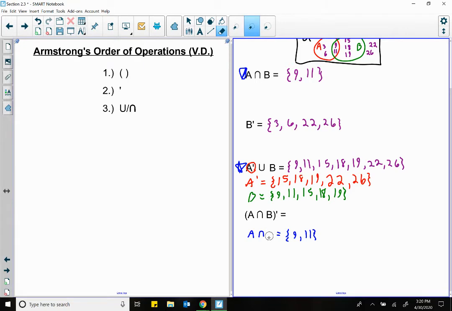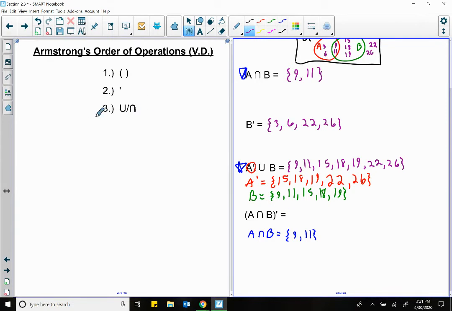So we've taken care of parentheses now, because that was everything inside the parentheses. Now we want to restart our order of operations, but now we are outside the parentheses. So when we restart, do we have a complement now? Now is when we deal with the complement, because we've already done everything inside the parentheses.